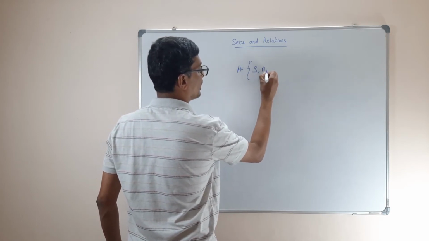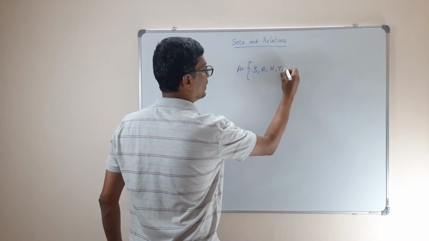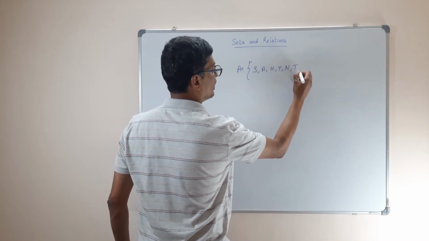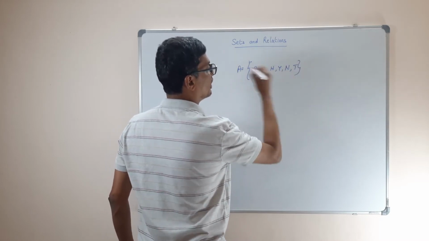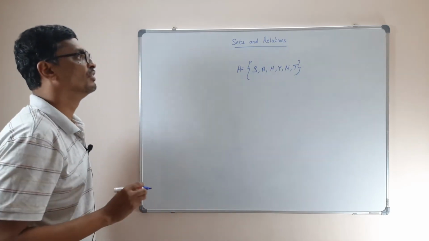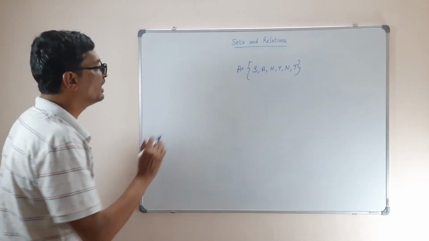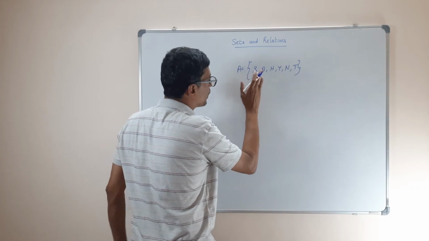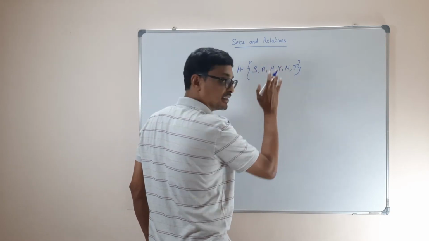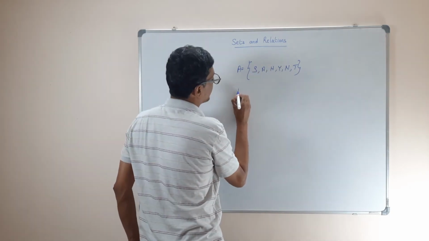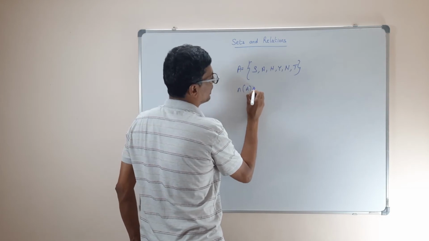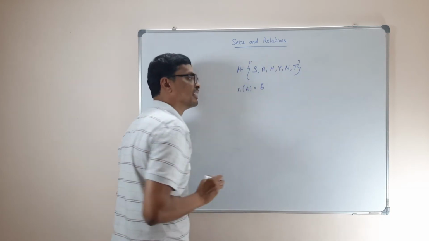S, A, H, Y, N, T. That's it, right? How many? 5, 6. Okay, so if you want to represent the number of elements in a set, I represent it as n of A equal to 6.